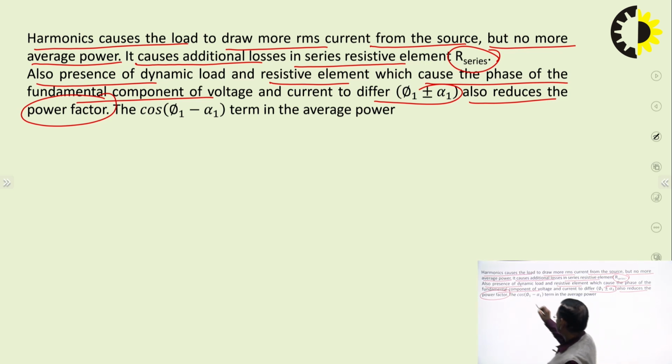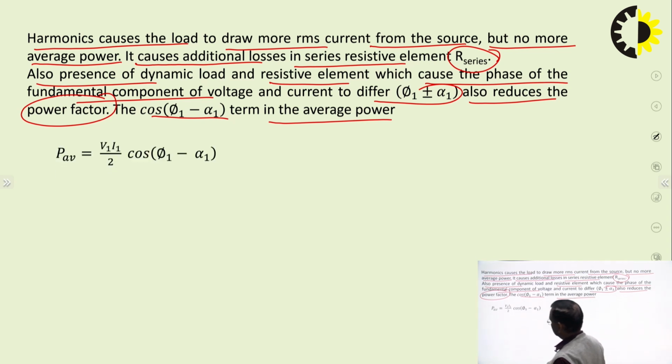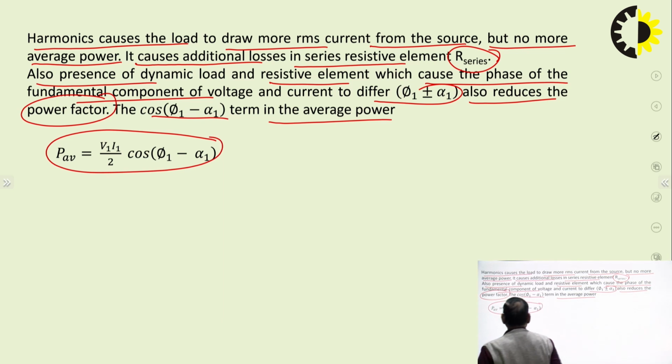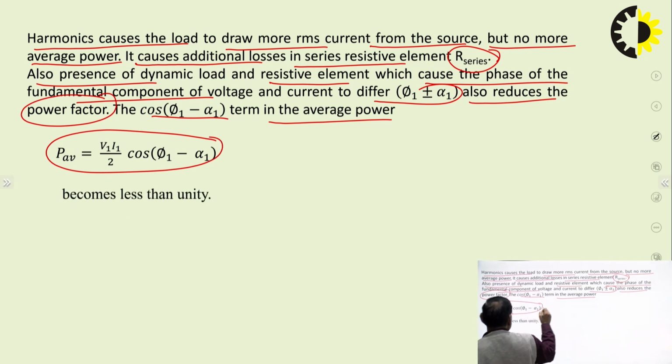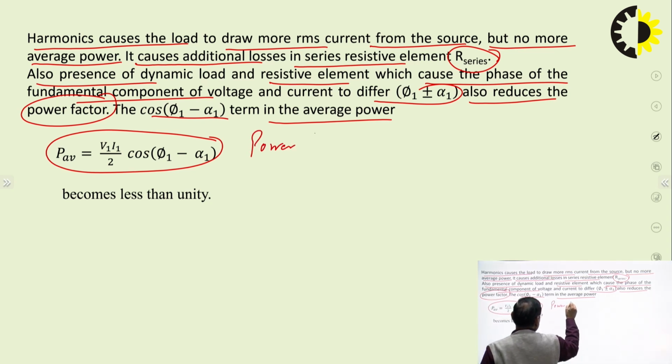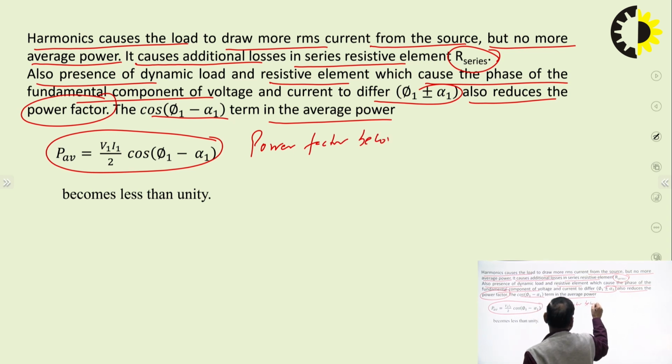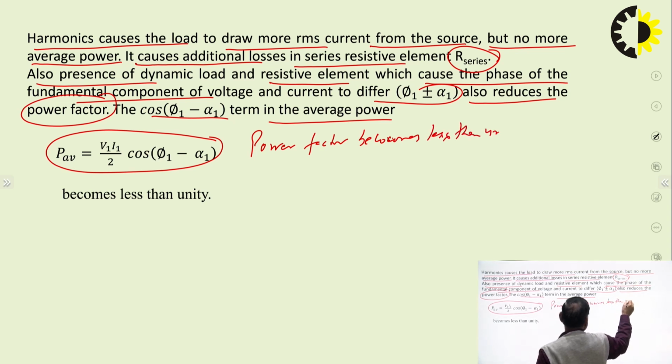So the cos of phi 1 minus alpha 1 term is the average power, and only this component takes part in the power transfer. So it becomes less than unity, and the power factor becomes less than unity.